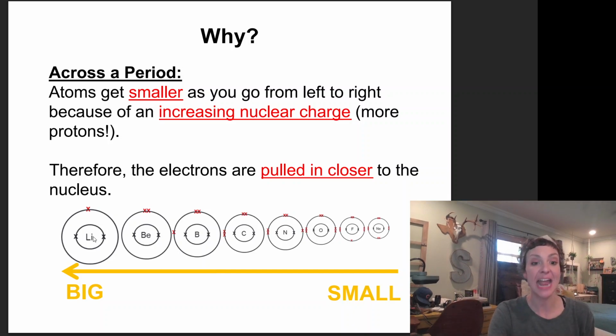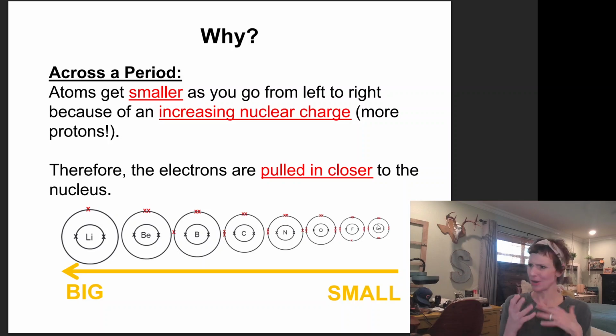So as I move across the periodic table, I'm increasing my atomic number, which is literally me showing a new proton being popped into that nucleus. And as I'm adding new protons, that nuclear charge is getting stronger, and its ability to pull those electrons in closer is much, much greater.